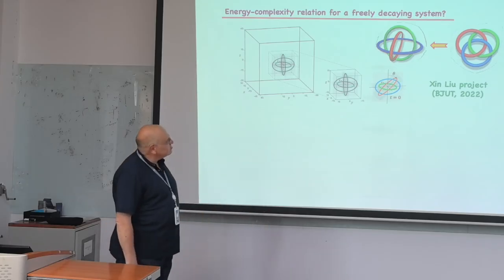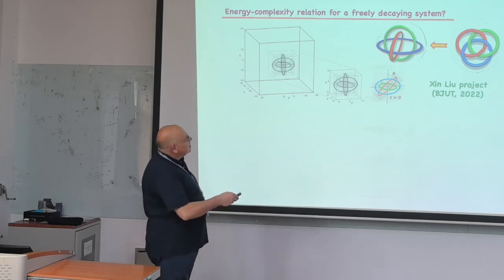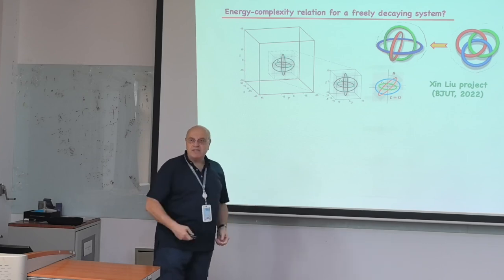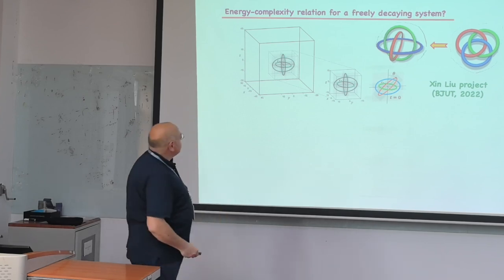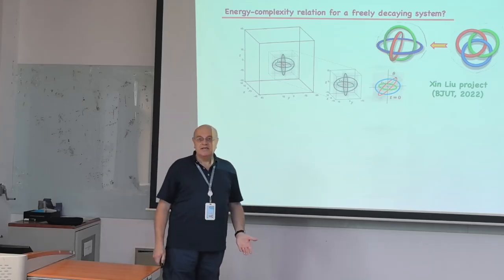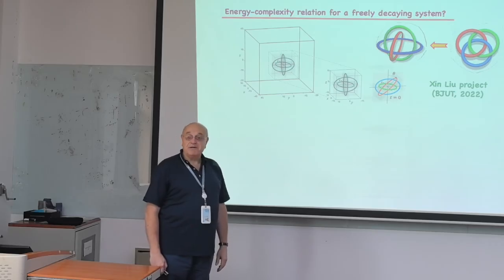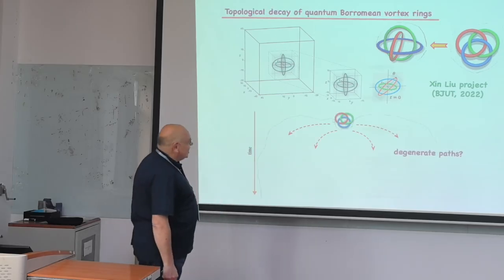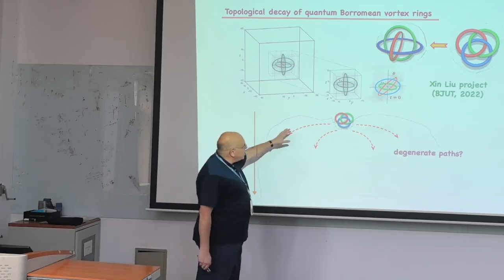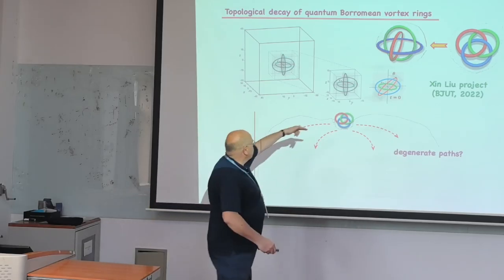So it started more or less a few years back by taking the Borromean rings, just putting the Borromean rings as ellipses into a numerical box and let it evolve. What happens? And so he was lucky to find somebody very patient to look for the degenerate paths. How does it go?